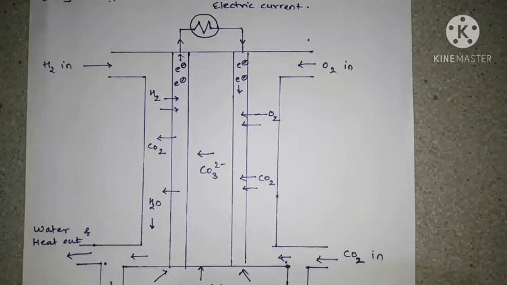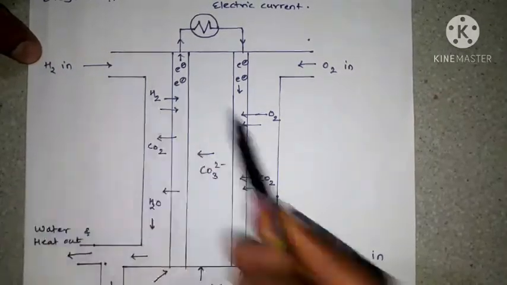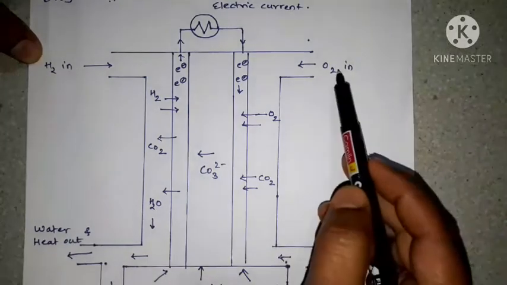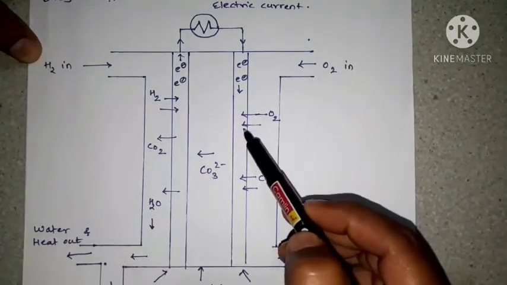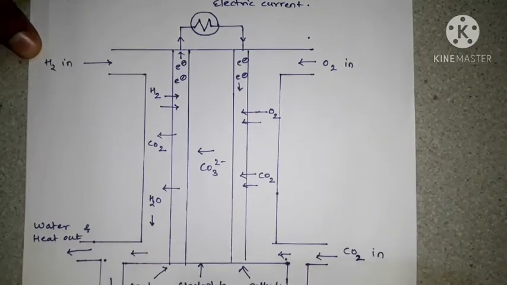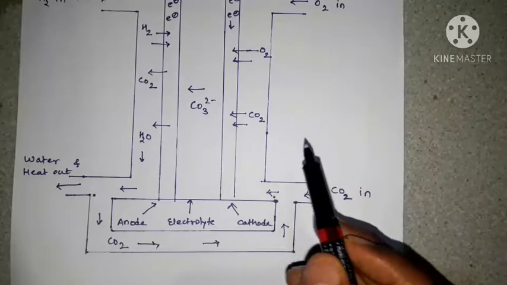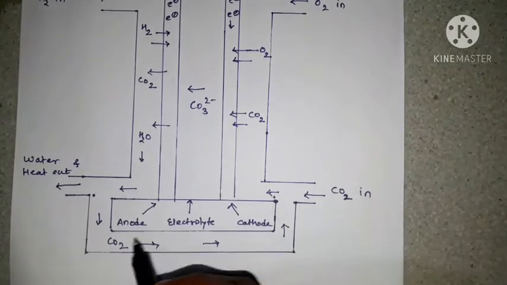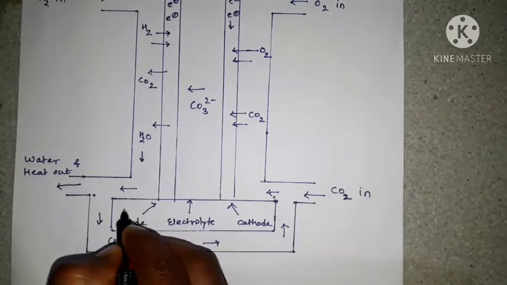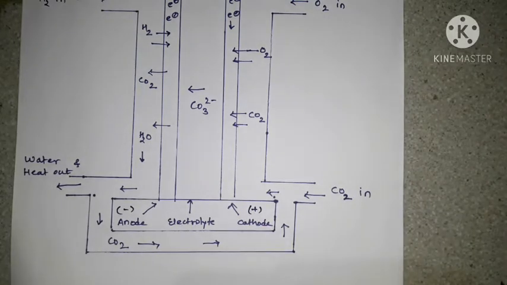Let us see the cell setup. Hydrogen gas is continuously passed on the anode, then oxygen gas is continuously passed on the cathode. As we know, these fuel cells are examples of galvanic cells, and in a galvanic cell the anode is negative and the cathode is positive.